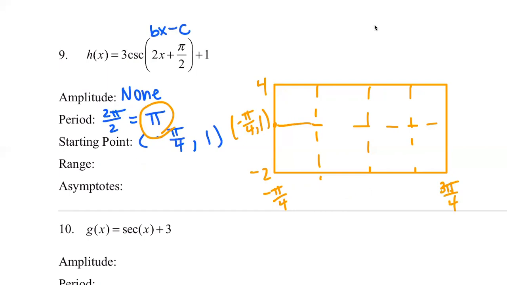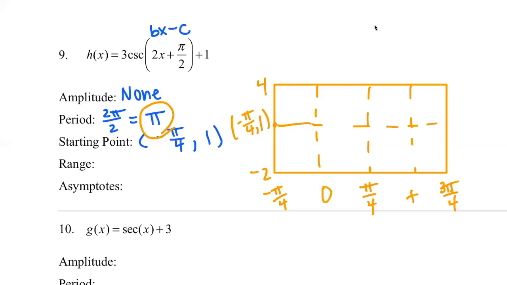If we find the midpoint, we add these to get 2 pi over 4 and divide it by 2. Our midpoint would be at pi over 4. If I add these two and divide it by 2 to get a midpoint, it would be at 0.